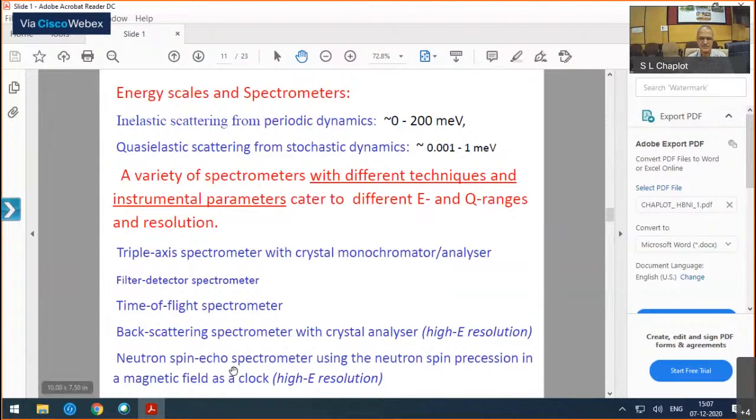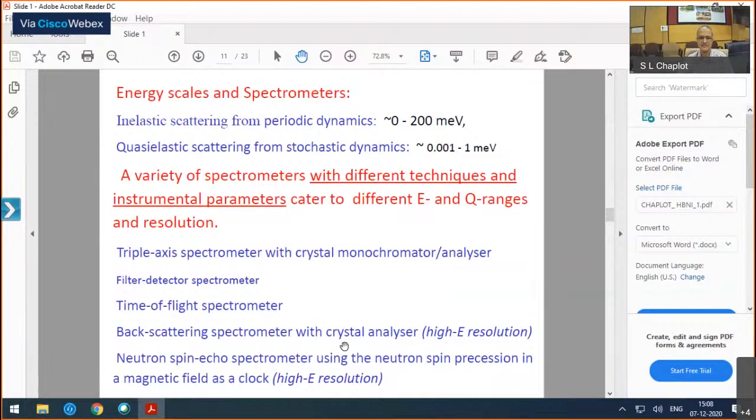Another technique is the neutron spin echo spectrometer, which uses the neutron spin precession in a magnetic field of about a few hundred Gauss. And this again can give a very high energy resolution. Actually, it gives you a very high time resolution because in real time one is measuring the precession, and the time resolution in the range of a microsecond to a nanosecond can be converted into corresponding energies and so on.